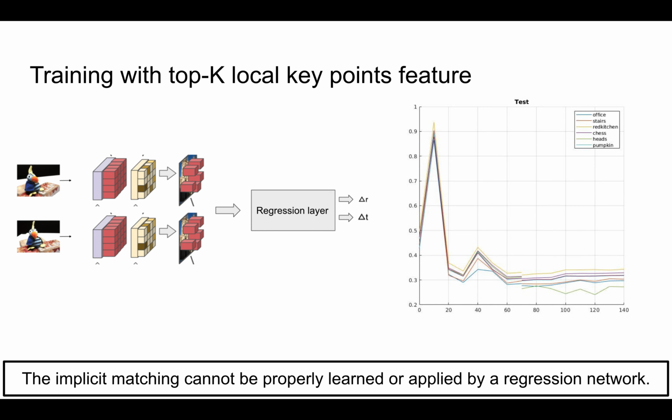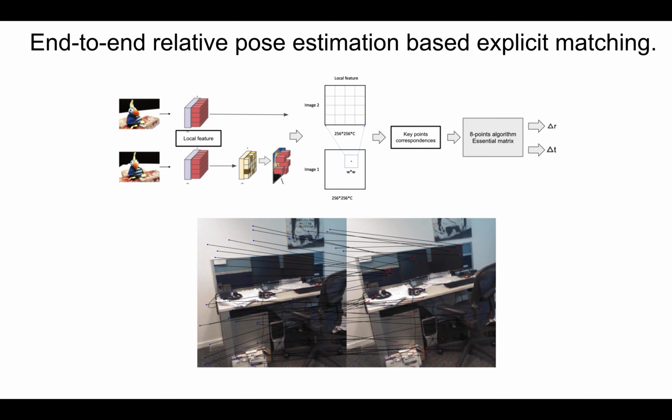Most probably the reason is the regression layer, which is basically a fully connected layer, cannot exactly learn the matching information from the local features and position information, compared to the classical one using directly the feature matching result and the geometry information.